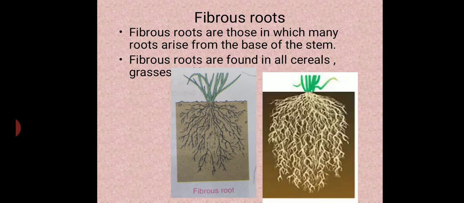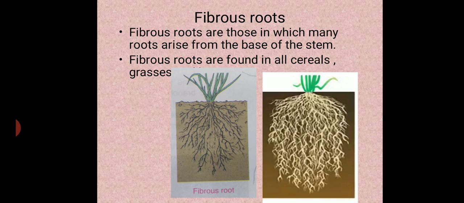Another type of root is the fibrous root. See, in this picture you are not able to see the long root. From the stem portion only, you can see a number of fine thin roots arising like a bunch of hair.